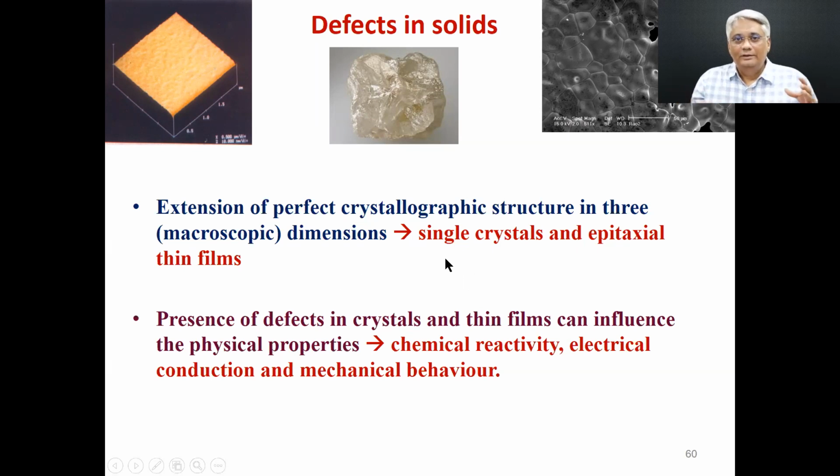Now, what you see in the middle figure here is a crystal, but for me to confirm that it is a crystal, I need to do crystallography, X-ray crystallography. What is a crystal? It's an extension of perfect crystallographic order or structure in 3 macroscopic dimensions.